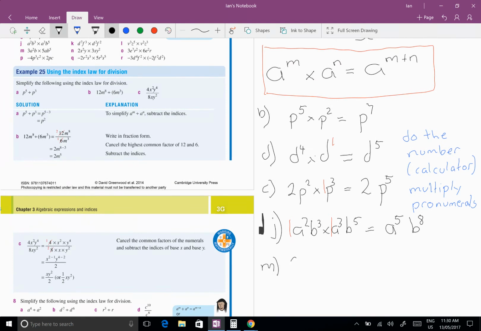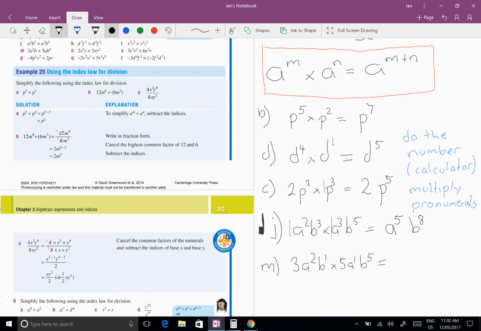I've got 3A squared B, remember that's B to the 1, times 5A to the 1, B to the 5. You don't need to write the 1 there if you're smart enough to know that it's there.